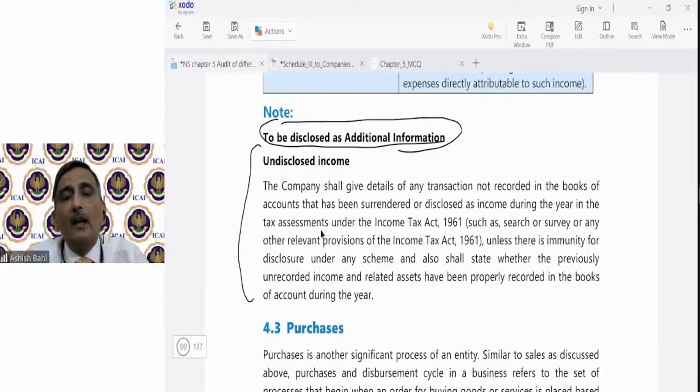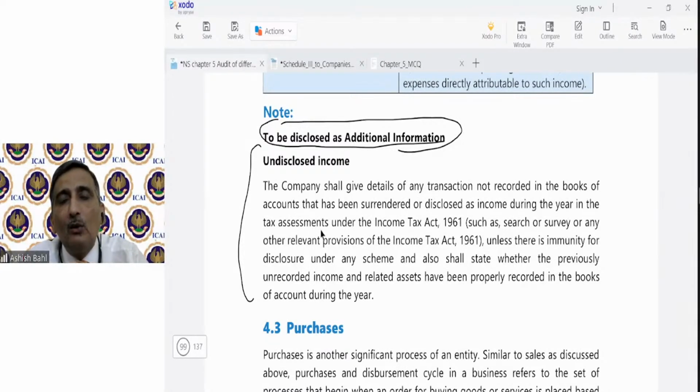So some undisclosed assets are found during the course of such regulatory actions by the income tax department, like search or survey.